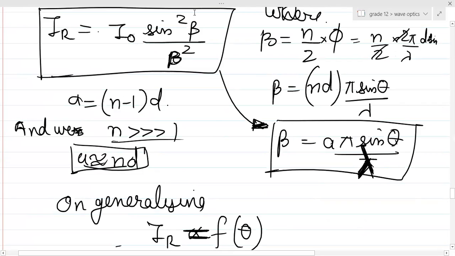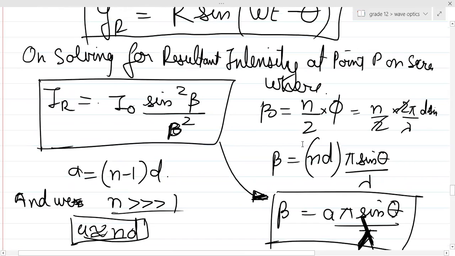But can you see this function, sin square beta upon beta square. Whatever you increase the value of beta, this sin square function will lie between 0 and 1 only. Suppose beta is very high. If beta is very high, then the denominator increases way more than the numerator.